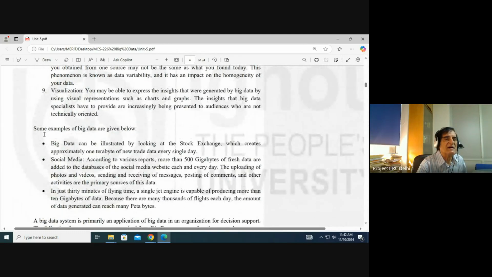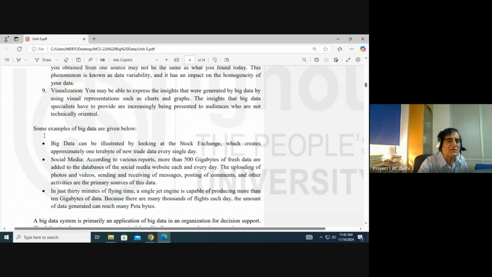So big data can be illustrated by looking at the stock exchange, which creates approximately 1 terabyte of new trade data every single day. Terabyte. पहले हम मेगाबाइट की बात करते थे, अब टेराबाइट और पेटाबाइट की बात करते हैं.